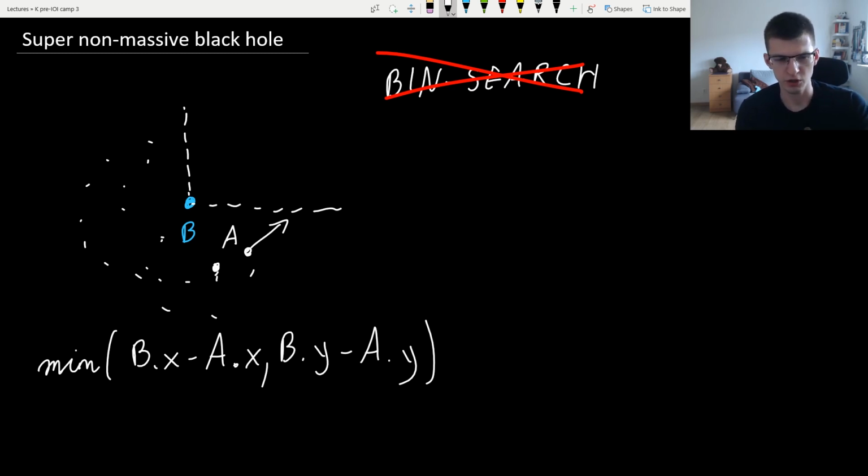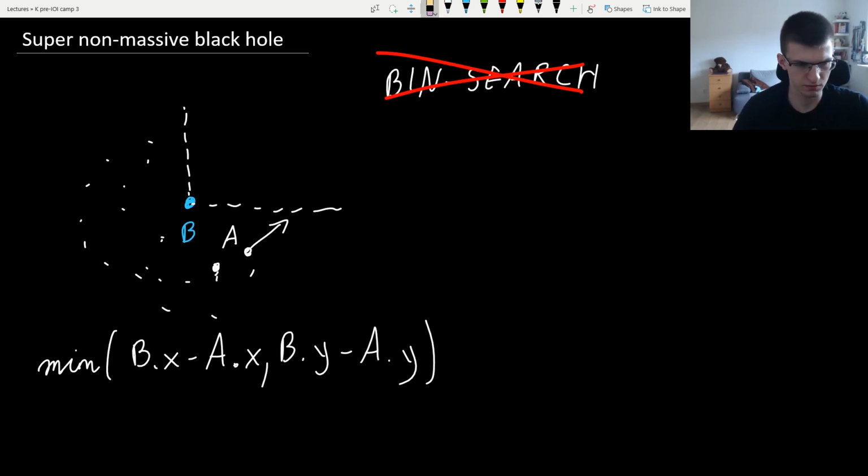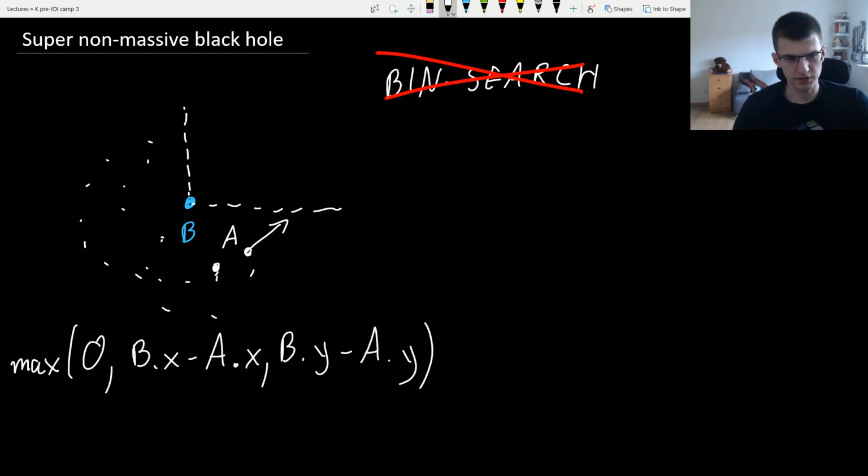Here we need to compare the difference of x's and difference of y's to be able to say what is the value for point A. Shouldn't it be max? Oh, right, you're right. It should be max. Thank you. It is max of, so I will put 0 here. 0 and differences of coordinates.